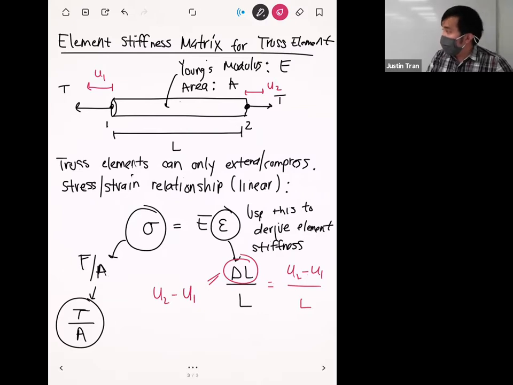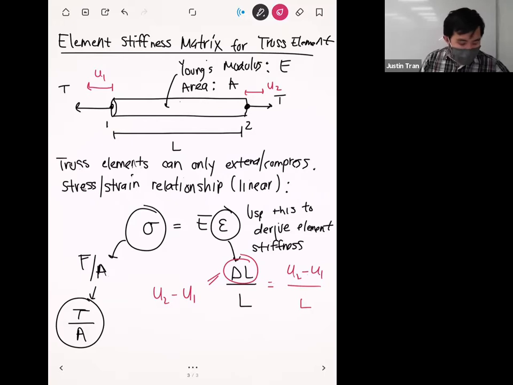And then we'll have a good expression for the strain as well, okay? And so now that we have a good expression for the stress and for the strain in terms of the given variables, we can put all this together, and then we can see what we got. Okay.